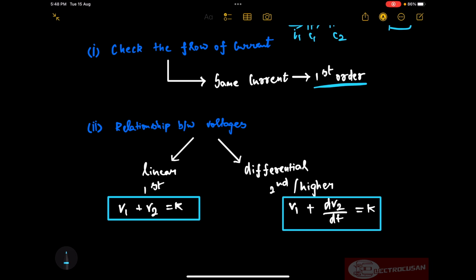If it turns out to be a linear relationship, then the circuit is first order. If you find that the relationship between the voltages is a differential equation, then it is a second or higher order circuit, depending upon the power of that differential relationship.